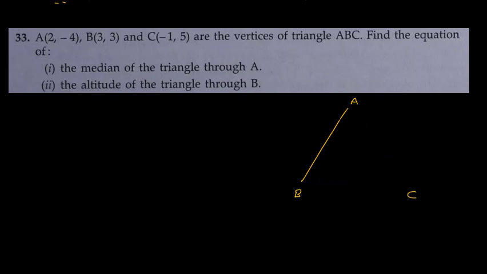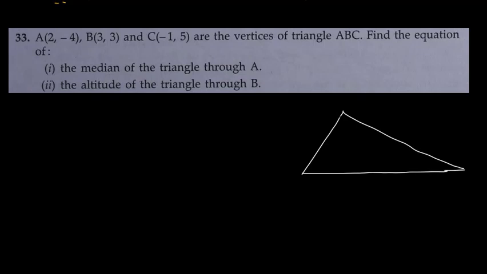For that I will make a triangle in some different way. Let us make the triangle like this, A, B and C. Why I made triangle like this? So that median and altitude you will see them differently. Altitude is nothing but, here I will draw a perpendicular. This is AD, and for median I will join the midpoint of this BC.